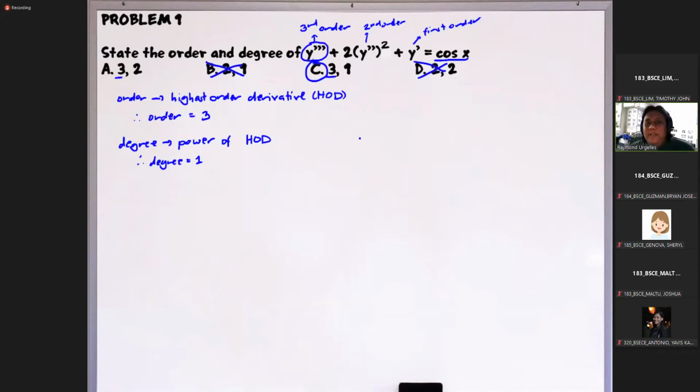So the differential equation does not have a degree. So again, that's the idea. Kakailanganin niyo lang naman to para malaman niyo kung ano yung magandang gawing solution dun sa isang given na problem.